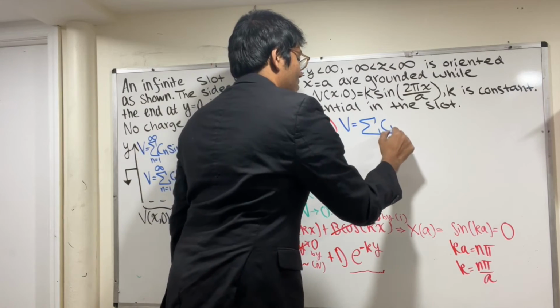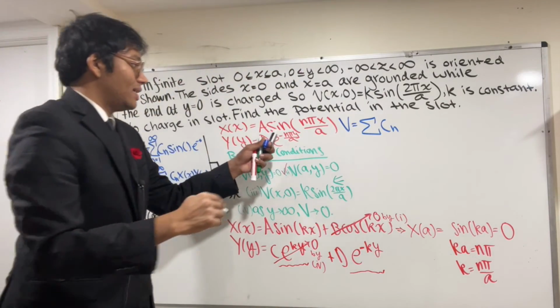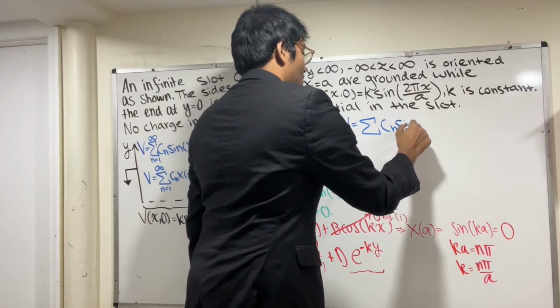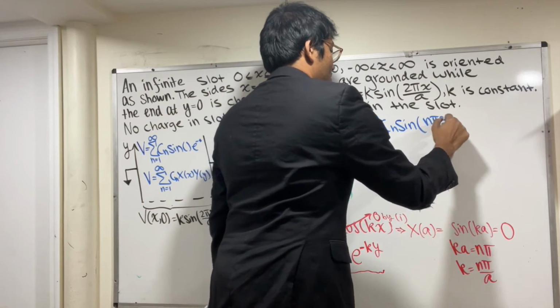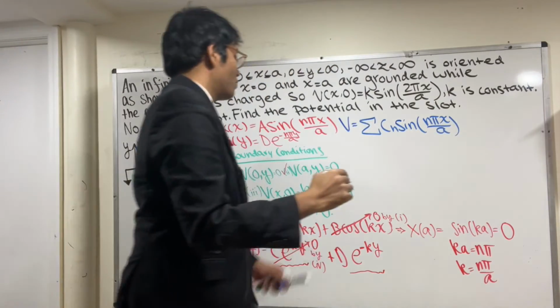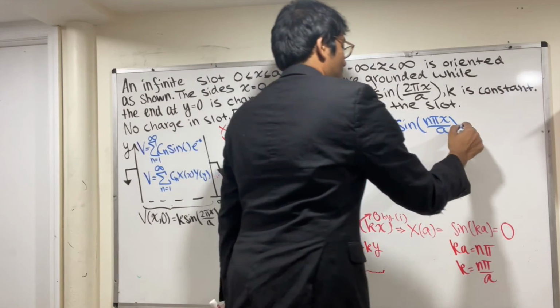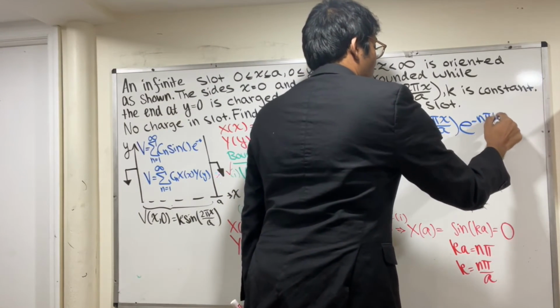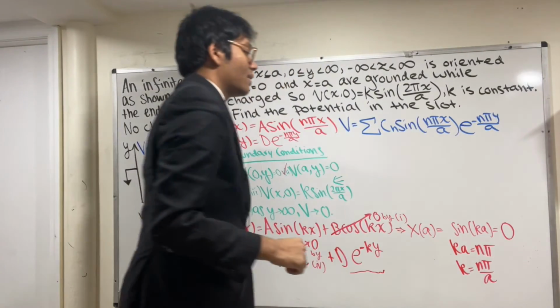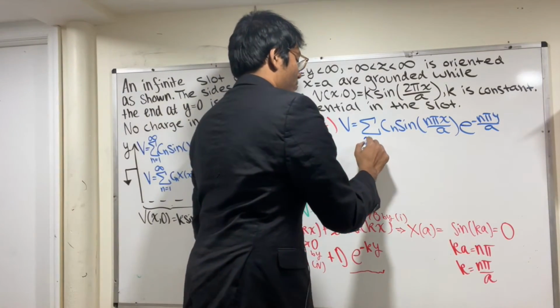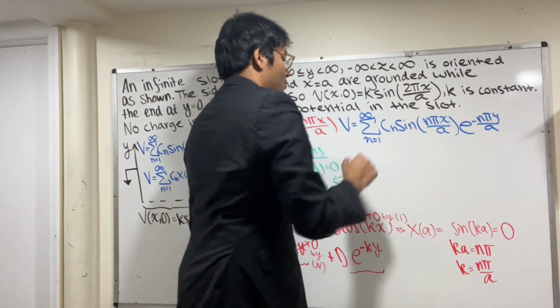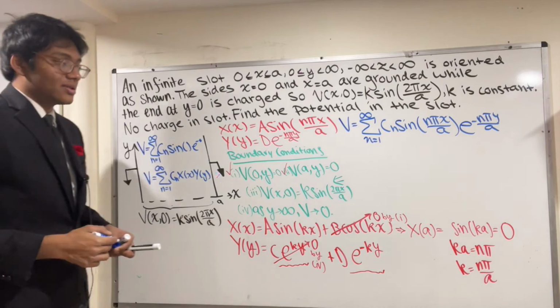So we're going to have c sub n, X of x being sine of n pi x over a, and Y of y being e to the minus n pi y over a, as n starts from 1 to infinity. It's important that you know the limits of your summation.